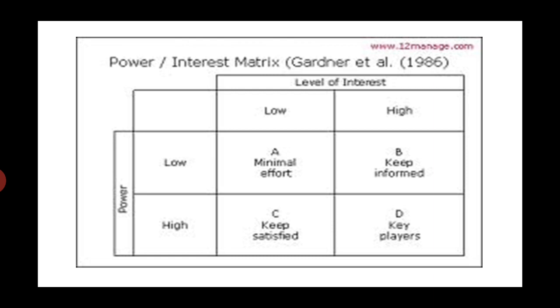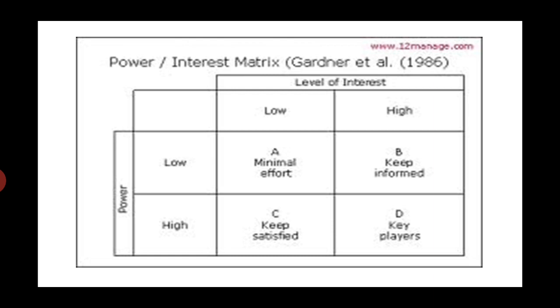Okay, let us go to C. In this group, they are important because they are powerful. Keep satisfied. Whom should we keep satisfied? Is it customers or shareholders or employees?